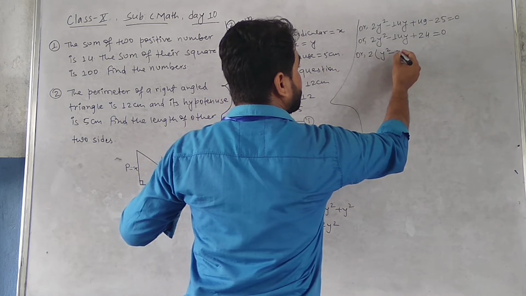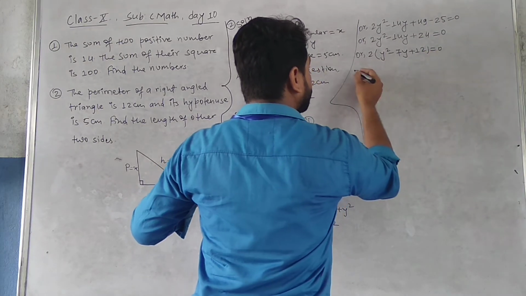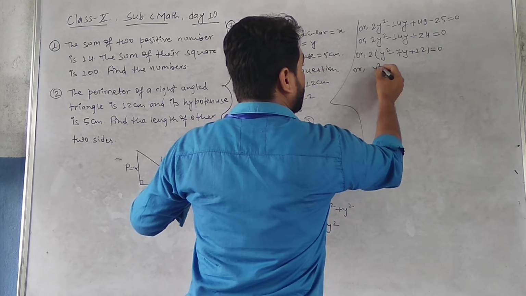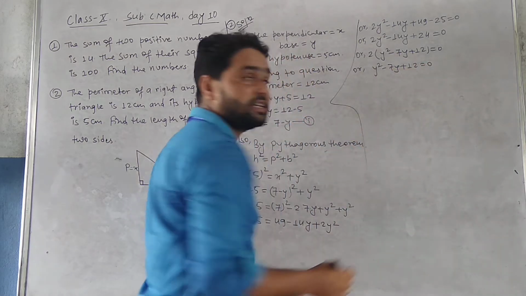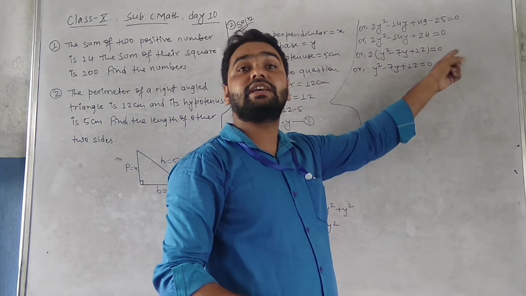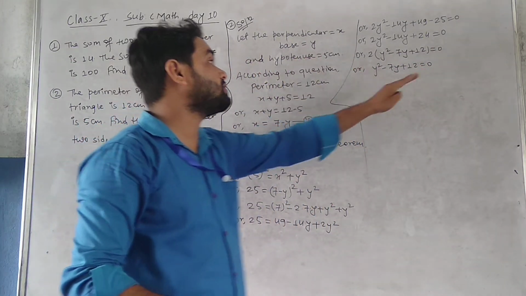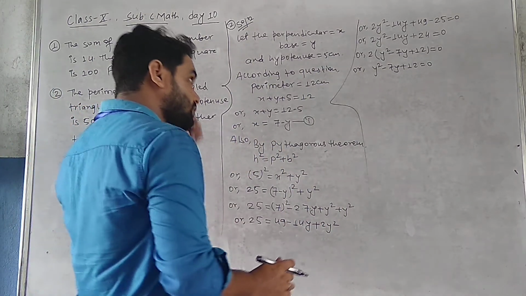We get y square minus 7y plus 12 equals 0. Dividing 0 by 2 gives 0, so we can write this directly, no need to show that.